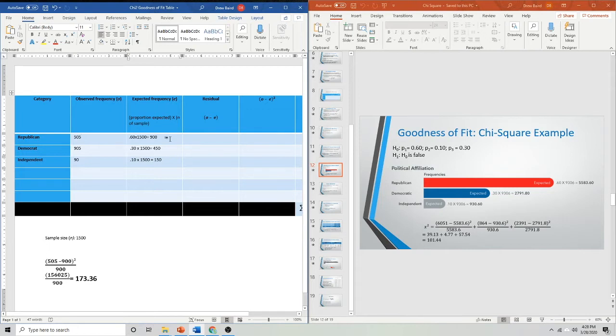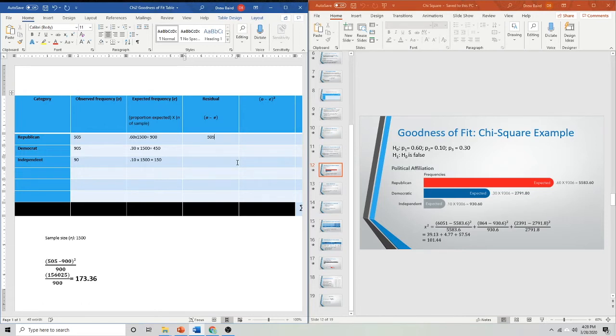So once you have your observed frequencies and your expected frequencies, the next thing you do is get your residual. To get your residual, all you have to do is subtract your expected frequencies from your observed frequencies, and that's really easy.